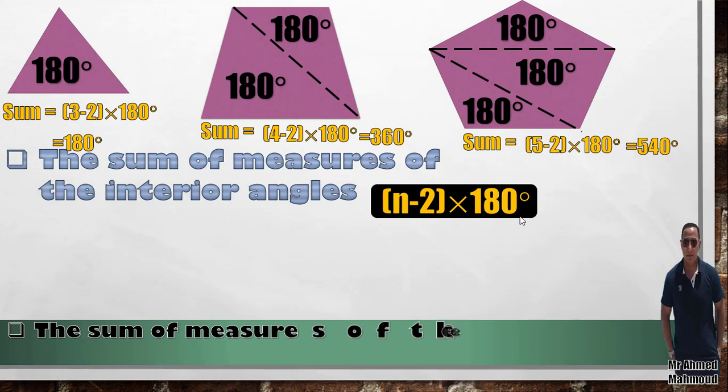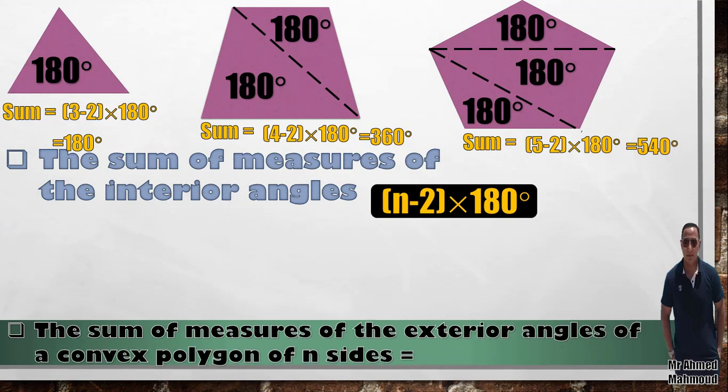Next, the sum of measures of the exterior angles of a convex polygon of n sides. If I have a polygon like this, and I draw the exterior of its sides like this, we get angles outside. Every angle is called an exterior angle.